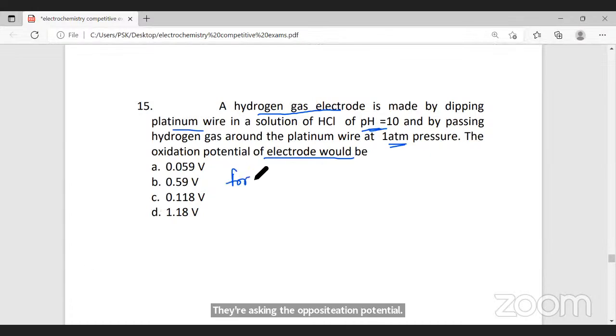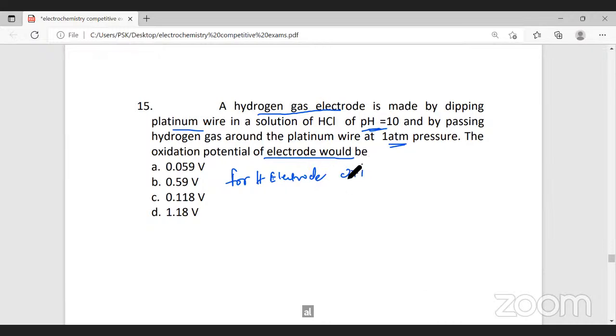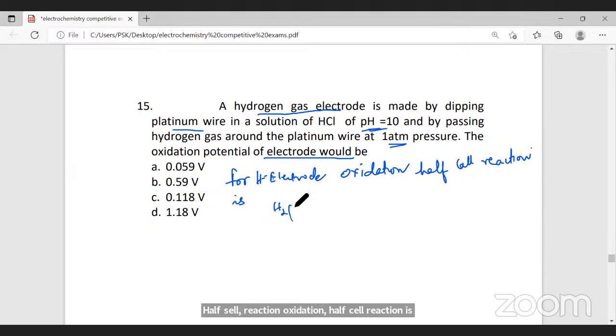Now, for the hydrogen electrode, the oxidation half cell reaction is H2, pressure 1 atmosphere, gives you 2H+ plus 2 electrons.